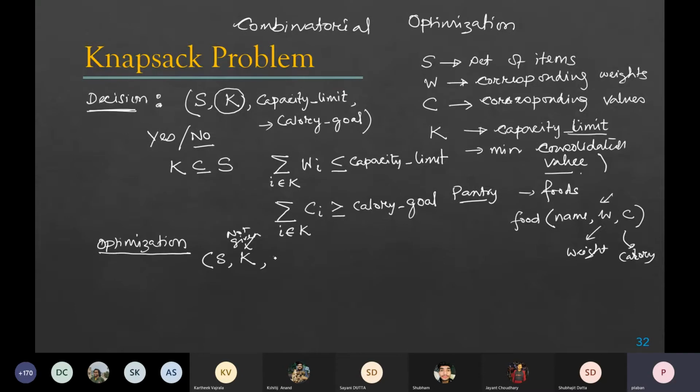So that it does not cross the capacity limit. And of course, the goal is not given. You want to maximize the total calorie content. This is what you want to maximize. So if you want to write this in a formal notation, how do I write this? So basically, I want to maximize.